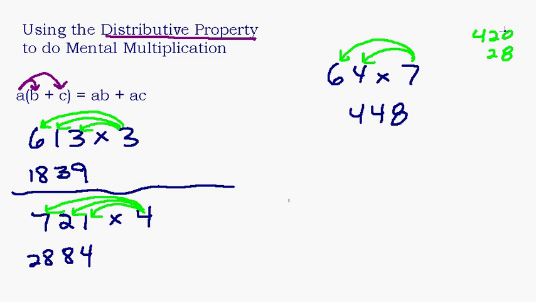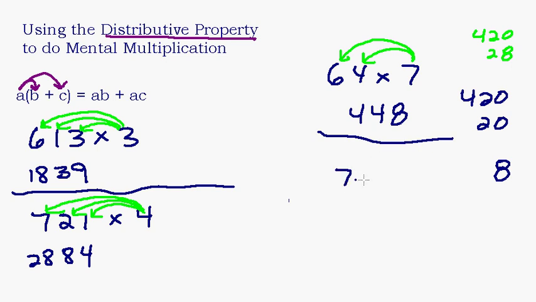When you're adding these in your head, the way I usually do it, because I'm not writing it down, is I think of the 28 as 2 separate numbers: 420 plus 20 plus 8. 420 plus 20 is 440, plus 8, which is 448.